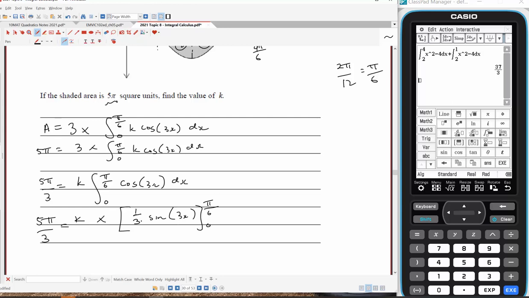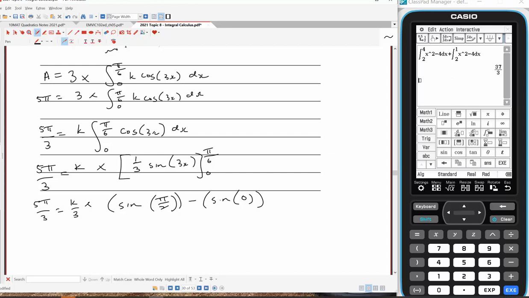Now this thing here can come straight out, so that's going to be 5 pi on 3 equals k on 3. Now let's shove our terminals in. Sine of 3 multiplied by pi on 6 is pi on 2, take away the sine of 0.